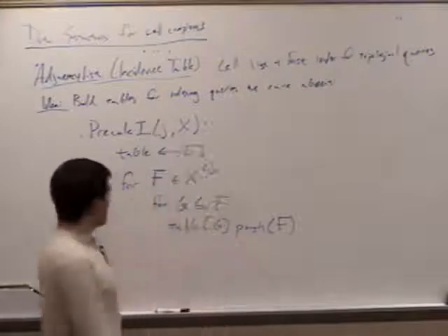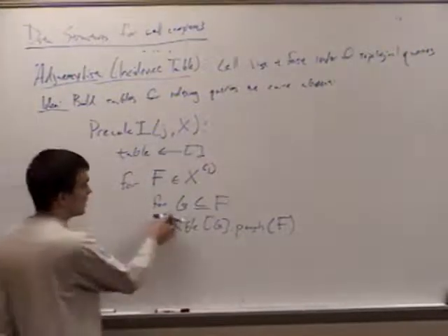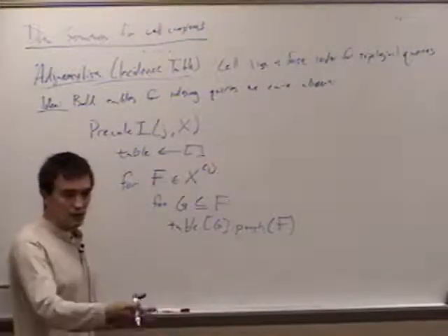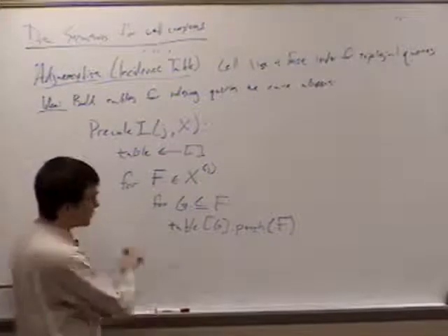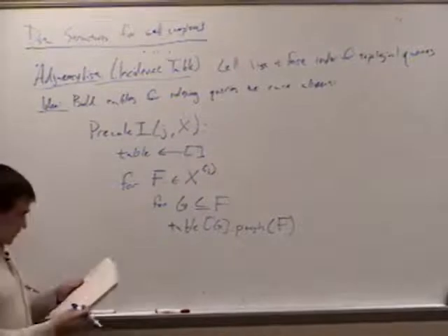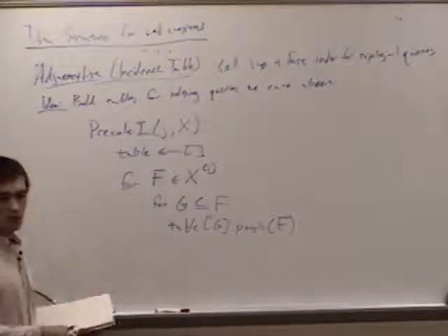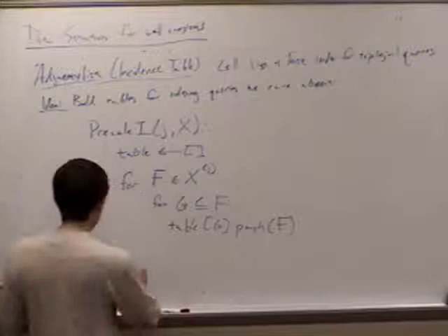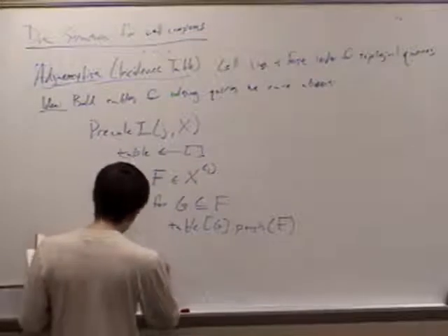So if we think of f as some set of vertices, we're going to loop through all of the subsets of this. How many people know the easy trick for doing that? I'll explain that in a moment. And then when we're all done, we'll just return the table.